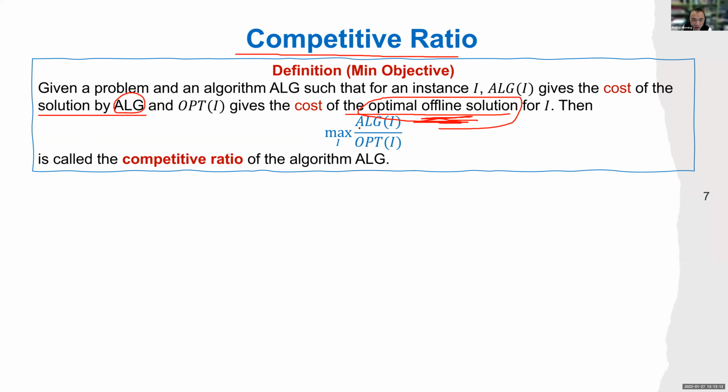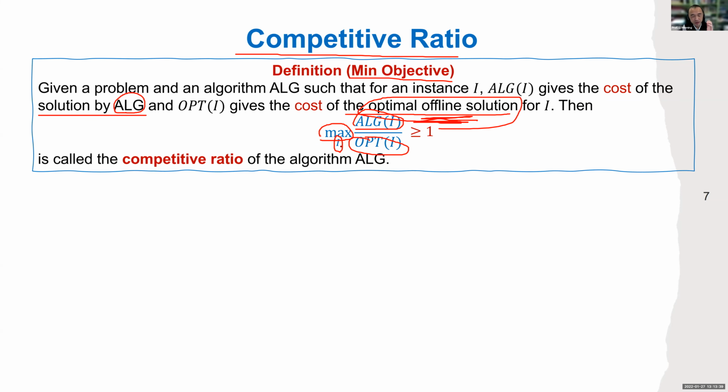The definition is very easy. Because it's a minimization objective, you want to minimize the cost. So you do algorithm output divided by optimal to see how good it can be. Because it's minimization, this value will be larger than or equal to 1. We take a max over all the instances, which means no matter which input you give me, the worst I will ever reach will not be too bad.